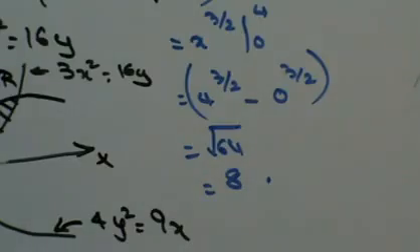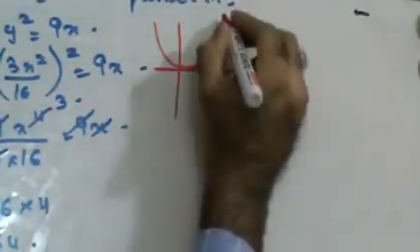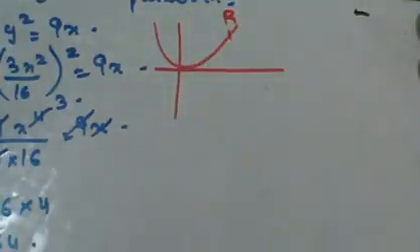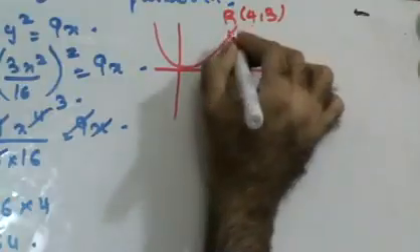Now let us find the area for the other parabola. Let's consider the other figure. We know that this point is R and the point of intersection R is 4, 3.